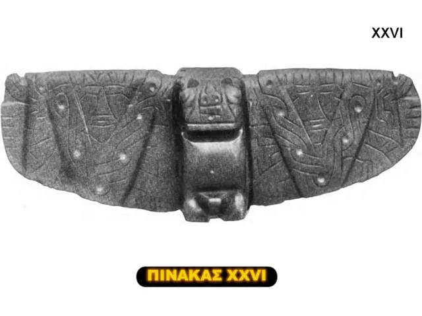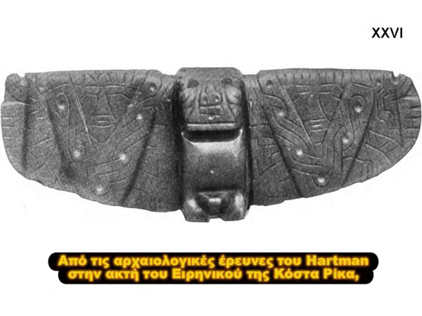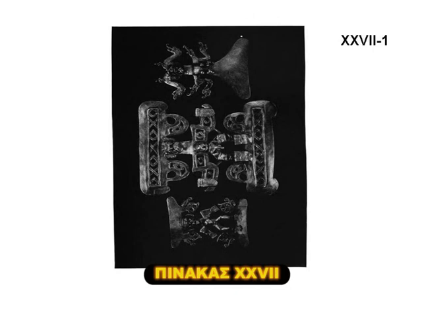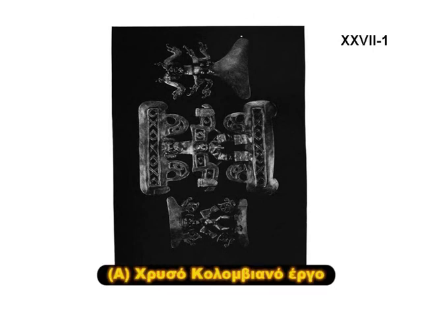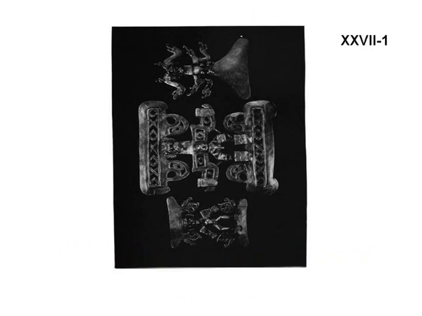Plate 26. Jade pendant representing a vampire. After Hartman, Archaeological Research on the Pacific Coast of Costa Rica. Plate XIII, for reference to the significance of the bat as a deity. Plate 27. A. Colombian gold work. Ornaments in the forms of human and monstrous beings.